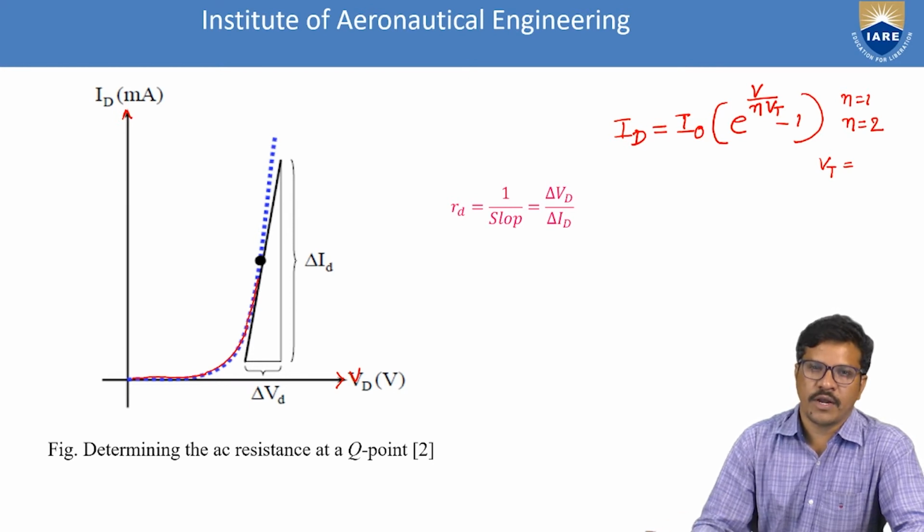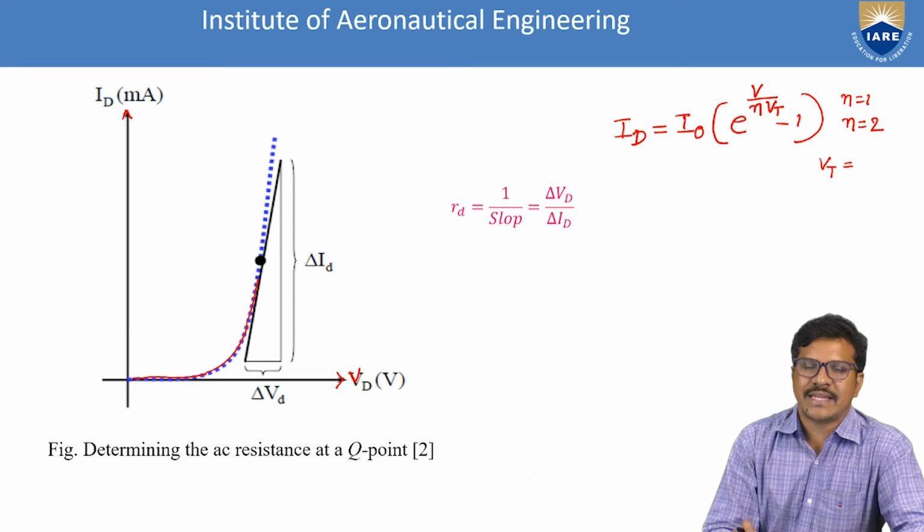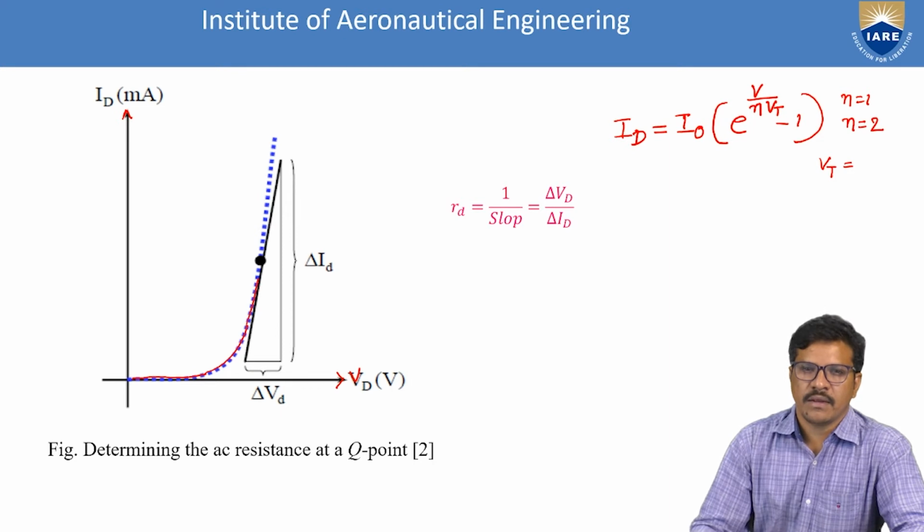Now the point is the problems related to diode resistances: how does resistance exist in the PN junction diode? Whenever current flows in any element, there will be an opposition to the flow of current, which is nothing but resistance.